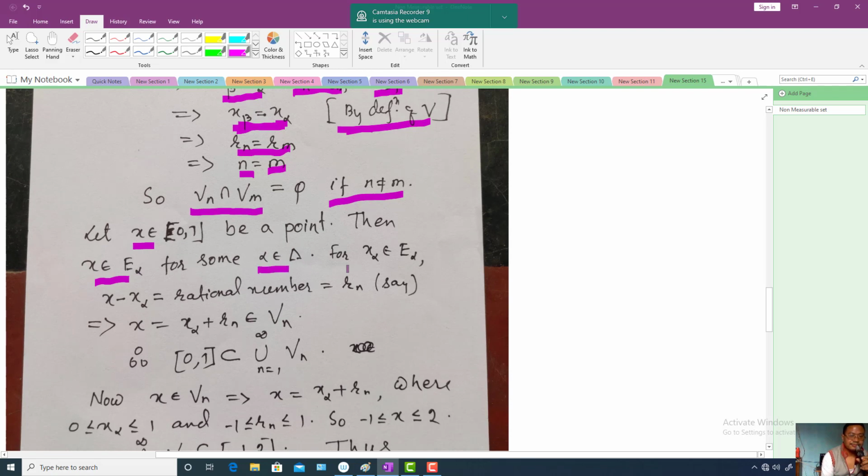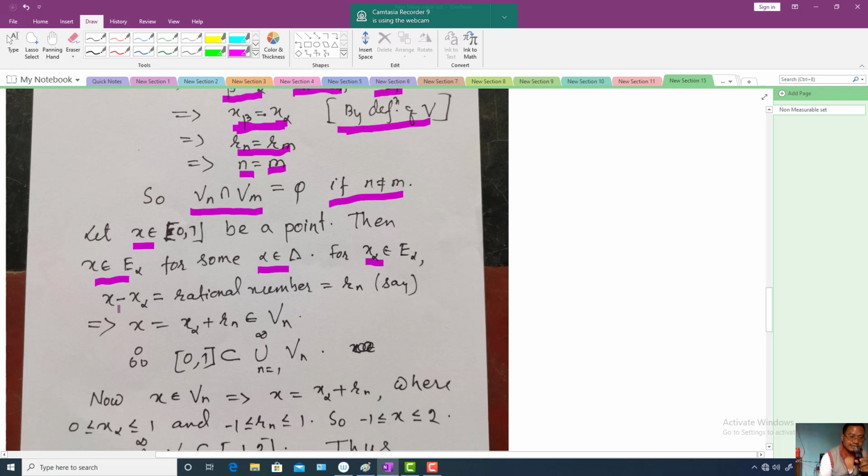That means, x is in E alpha, and you take another member x alpha from E alpha. Then x and x alpha are in E alpha, so they must be related. That means their difference is a rational number.